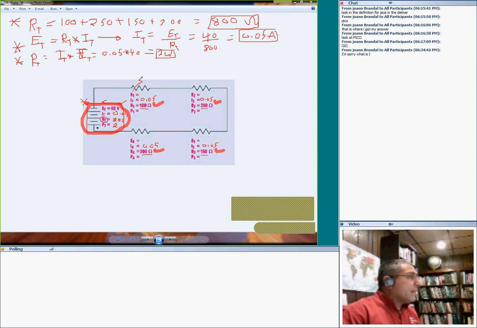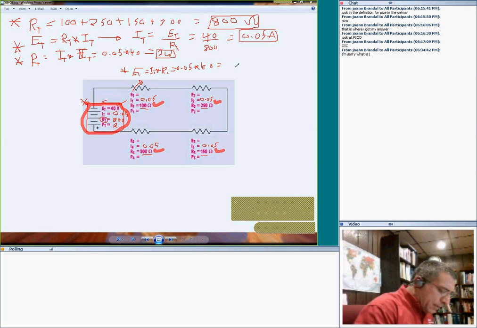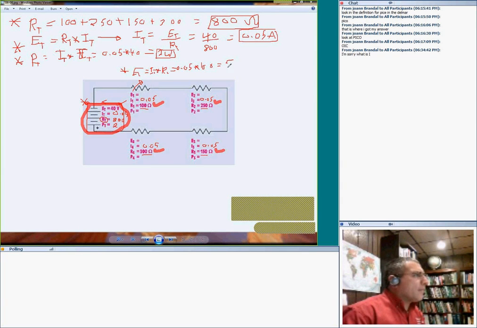Then, guys, look at that. From here, I need to find E1, which equals I1 times R1. You take the 0.05 and multiply it by 100, which gives 5 volts.